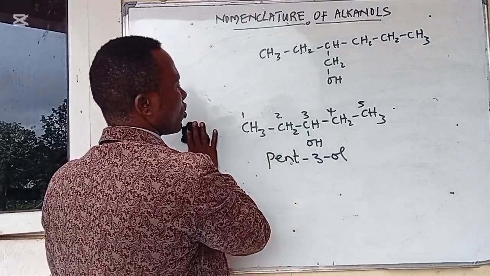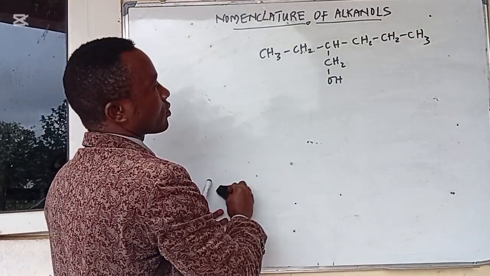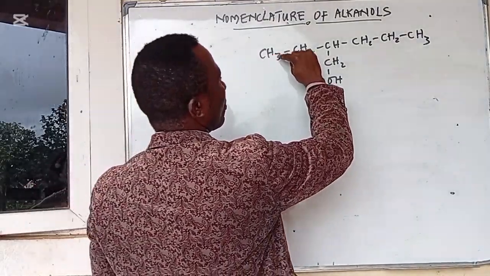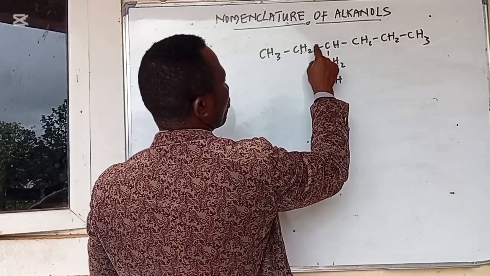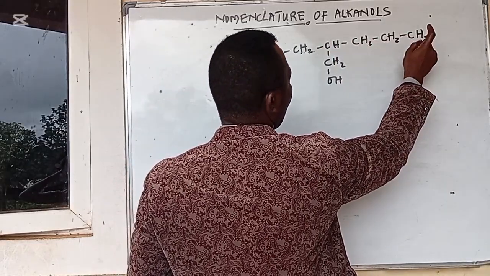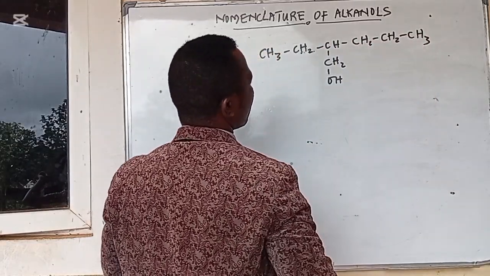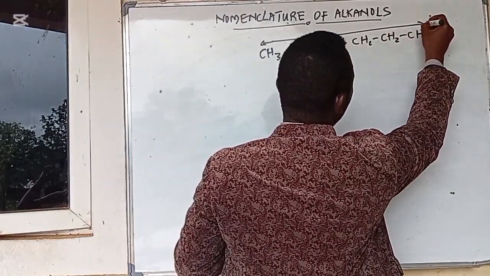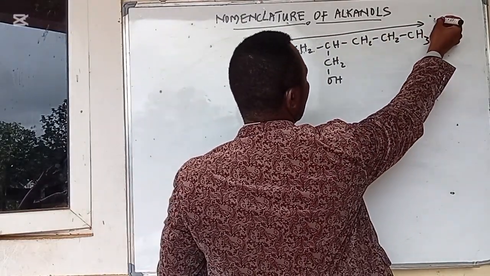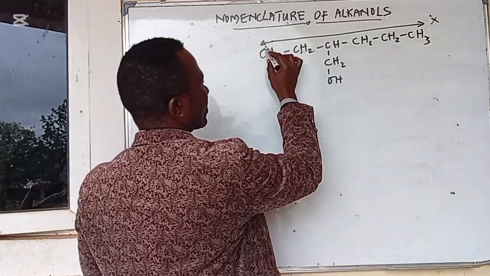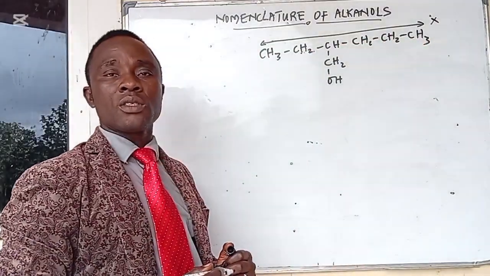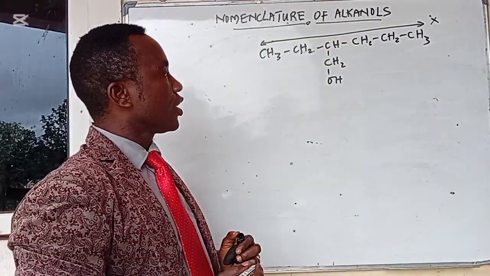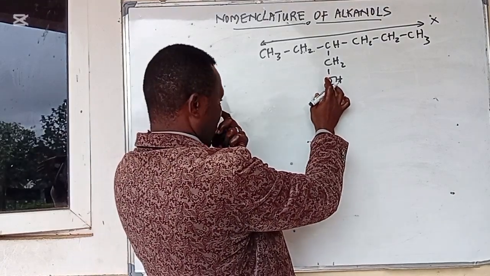If we are asked to number this, you see that if you number it straight, it will be 1, 2, 3, 4, 5, and 6. But we don't number it this way, so it is not correct, because none of the straight chain carbons bear the functional group, which is the OH group. The functional group is here.